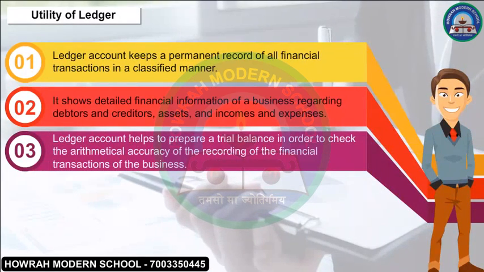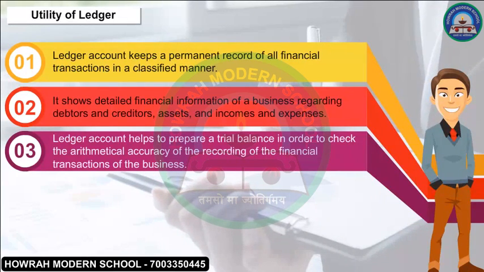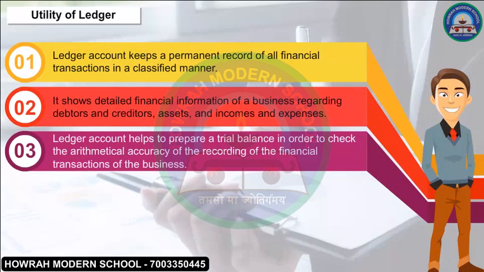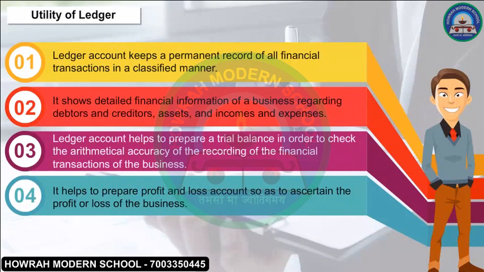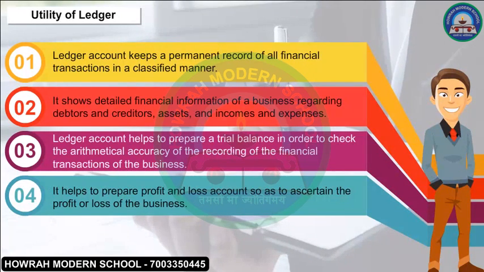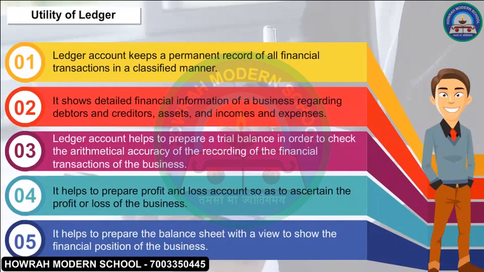Ledger account helps to prepare a trial balance in order to check the arithmetical accuracy of the recording of the financial transactions of the business. 4. It helps to prepare profit and loss account so as to ascertain the profit or loss of the business. 5. It helps to prepare the balance sheet with a view to show the financial position.